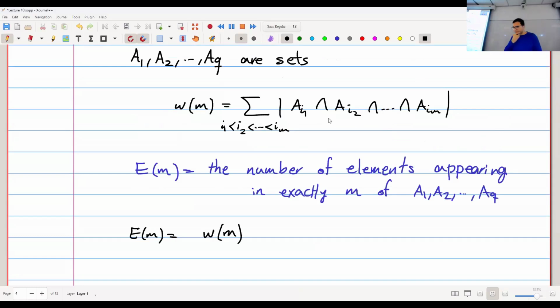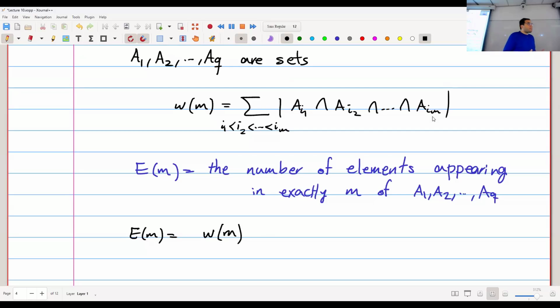Now, if I have an element that appears in fewer than m sets, I have not counted it here, because this one only counts the intersections of m sets. If I have an element that appears in exactly m sets, I have counted it once because, again, it considers all the combinations of m sets, and if the element was only in m sets, then there is only one combination that counts it.